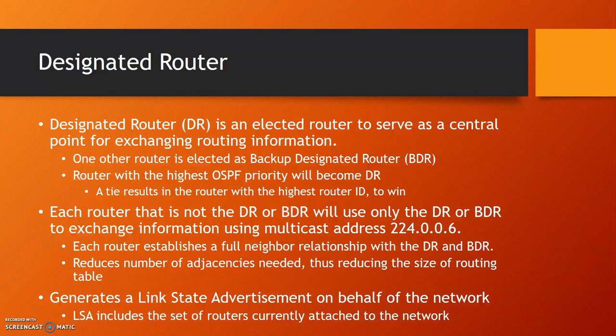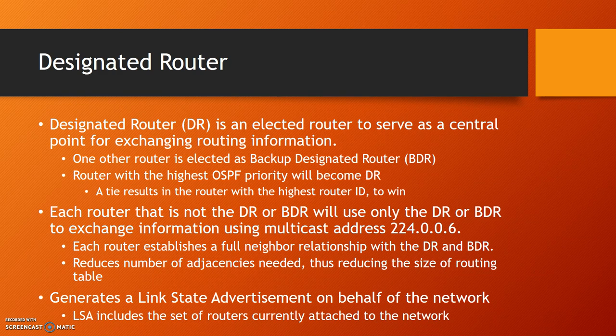By default, the router with the highest OSPF priority will become DR. They're all set to 1, so you have to actually change the priority number manually if you want to set a specific router to be the designated router. Otherwise, a tie is going to result in the highest router ID winning. So if you have a .1 and a .2, the .2 will win. And each router that is not the DR or BDR will use only the DR or BDR to exchange information.